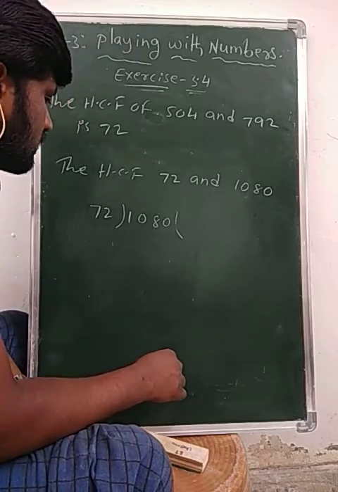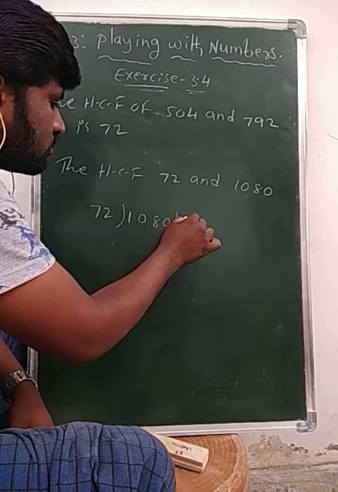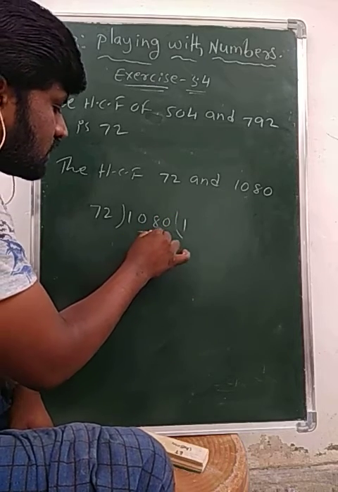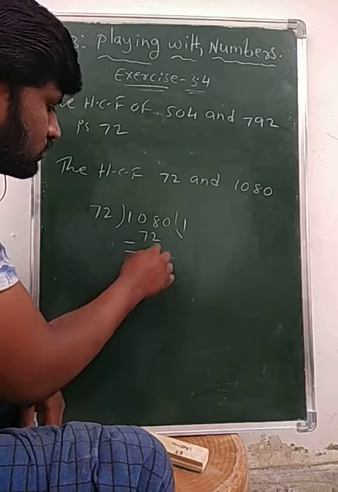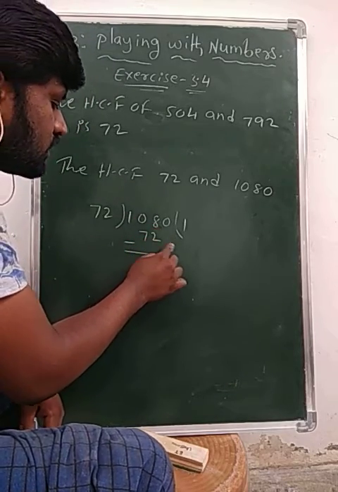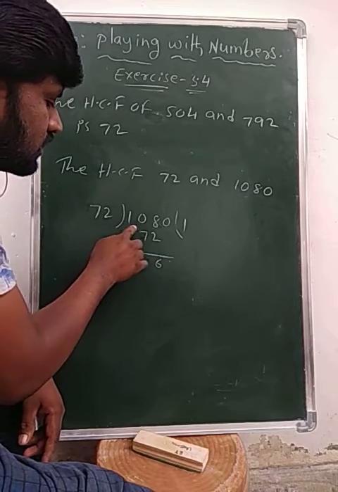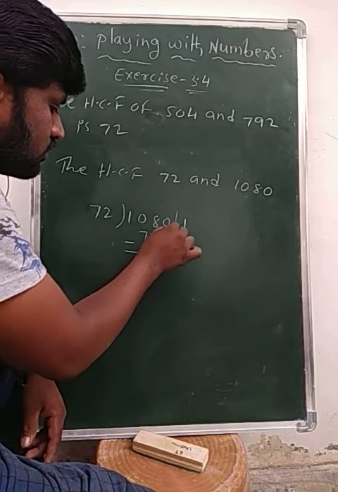72 ones are 72. Subtracting, 8 minus 2 is 6, and 10 minus 7 is 3.